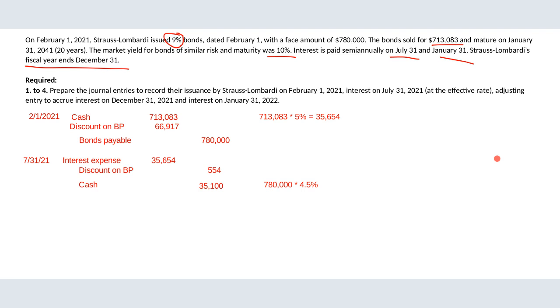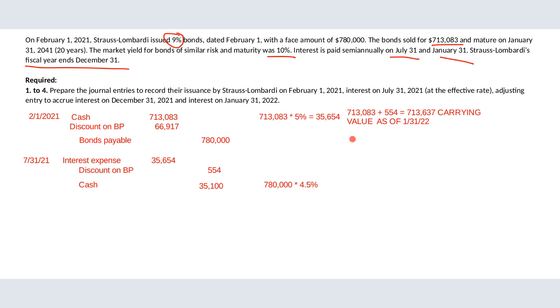Yes, this will be the carrying value as of January 1st, 2022. Right? That's the carrying value.